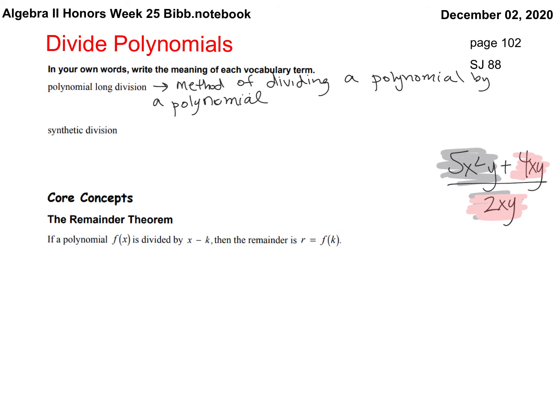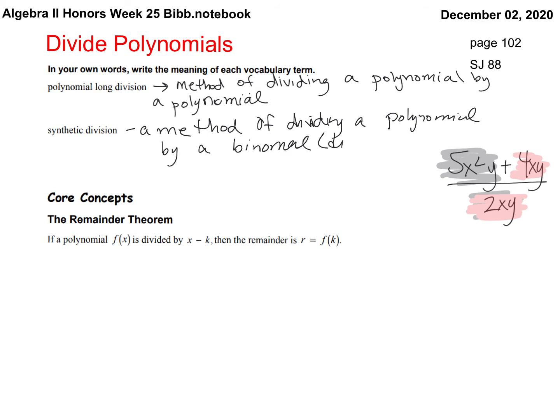Now, synthetic division is a method for dividing polynomials. I should say a method of dividing, that's messy, a polynomial by a binomial.